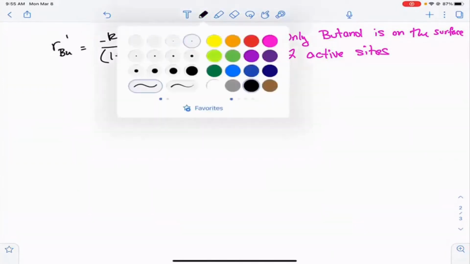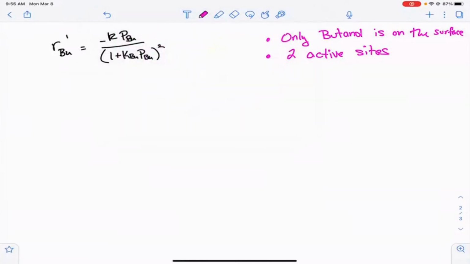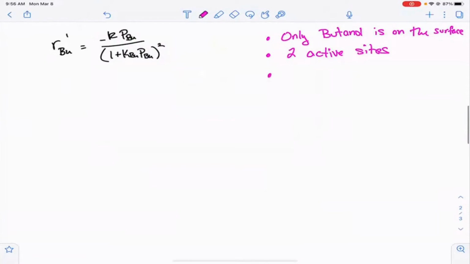Perhaps the other thing that we can take from this, just like in the previous problem, is that adsorption, I'm trying to think about this for a second, can adsorption be the rate determining step? And maybe it can. So we're not going to get rid of that first. Okay. So these are the two things that we know about the mechanism.